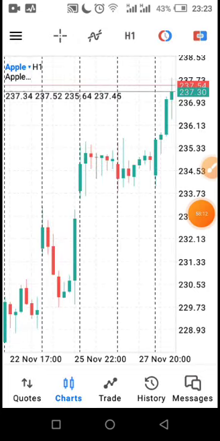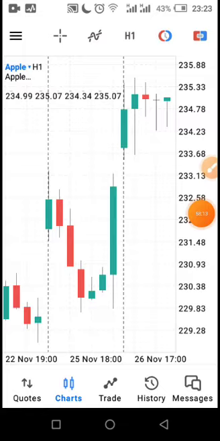So I'm just going to zoom in. So when day trading or scalping stocks, you should make sure that you try to close your trades just before the end of the day for regular trading hours, which will be 4 p.m. New York time.